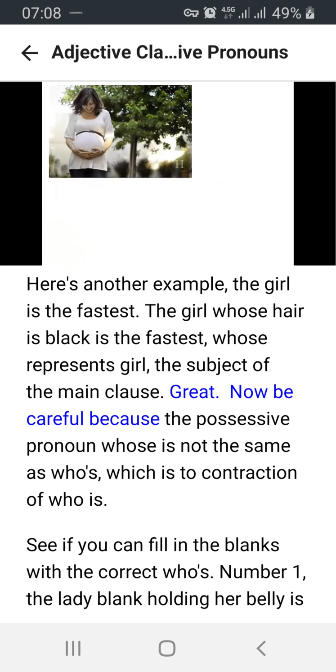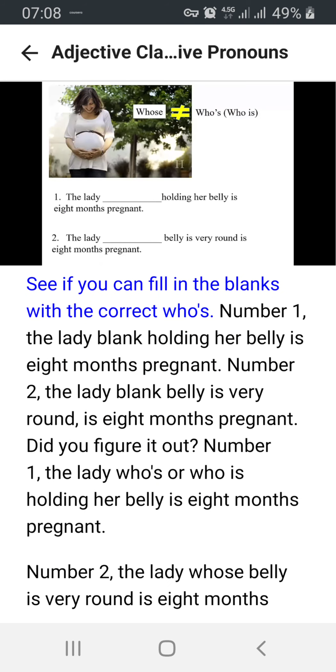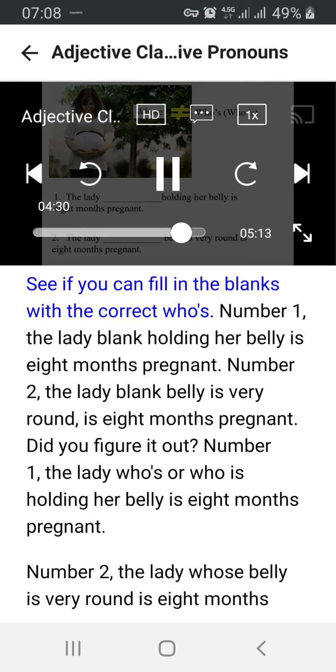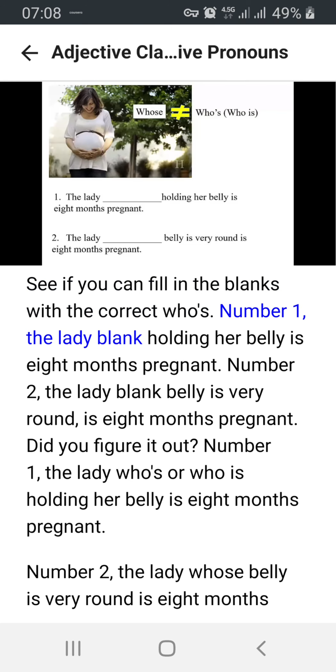Now be careful because the possessive pronoun whose is not the same as who's, which is the contraction of who is. See if you can fill in the blanks with the correct whose. Number 1, the lady blank holding her belly is 8 months pregnant.